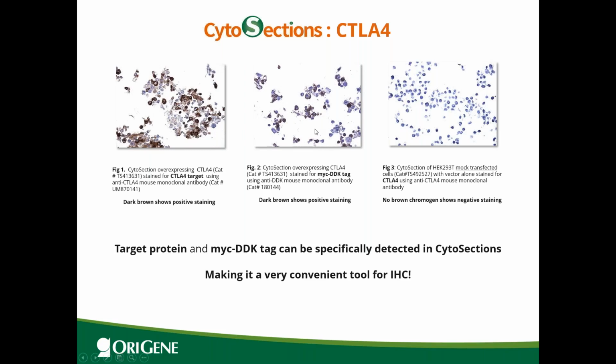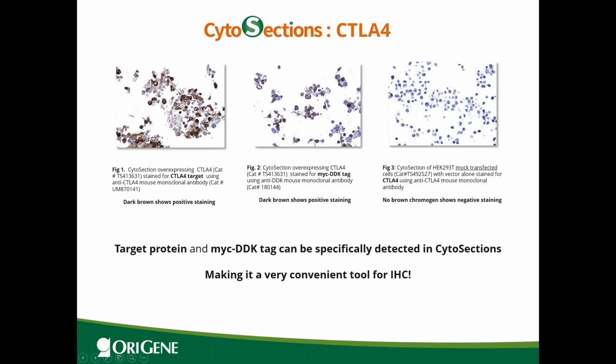Figure 2 shows you the same section but stained for the MYC-DDK tag using an anti-DDK mouse monoclonal antibody. Remember that all cytosections have a MYC-DDK tag at the C-terminal of the protein, and that is what is being stained here. The dark brown stain again around the membrane of the cell shows a positive staining.